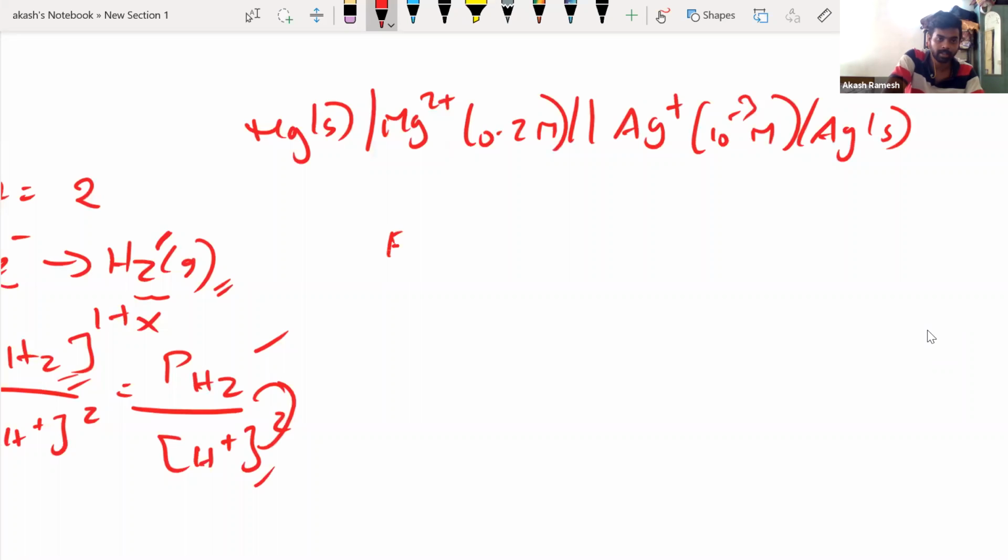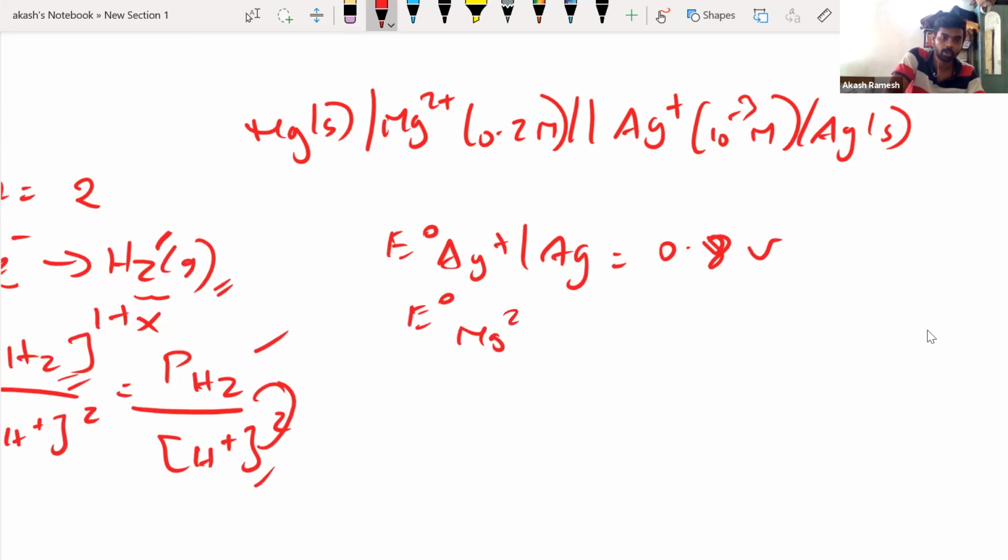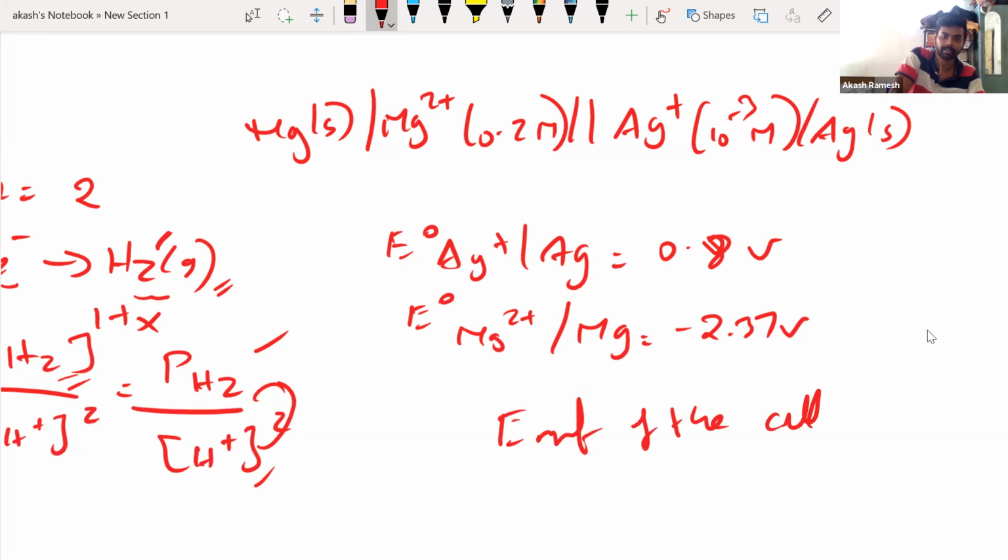And they have given E naught of Ag plus bar Ag as 0.8 volts and E naught of Mg2 plus bar Mg as minus 2.37 volts. So what I want to know is the EMF of the cell.